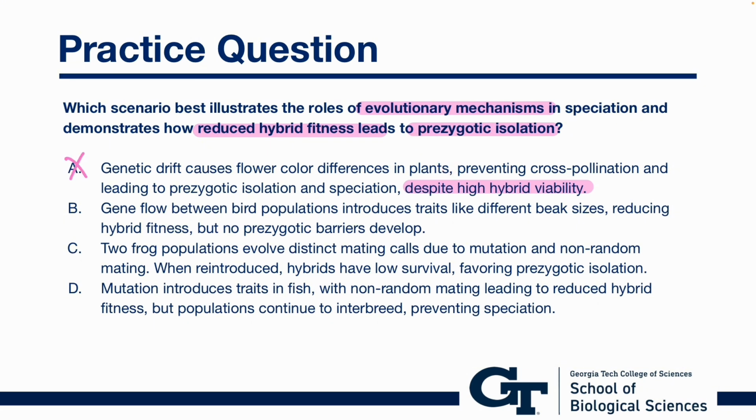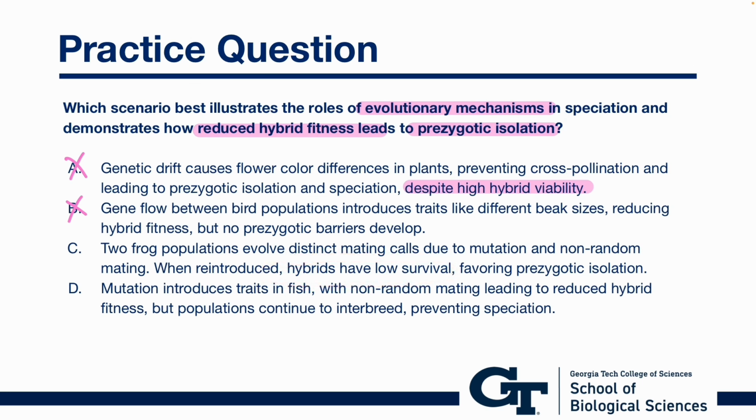Then we have B. Gene flow between two bird populations reduces hybrid fitness, but there are no prezygotic barriers. So now we have not reduced hybrid fitness levels, and we have no prezygotic barriers. So it's not going to be B. Now we have C, where we have two frog populations. They evolve distinct mating calls, so a behavioral difference. And then when they can actually interbreed, we have low hybrid survival. So what is that called?